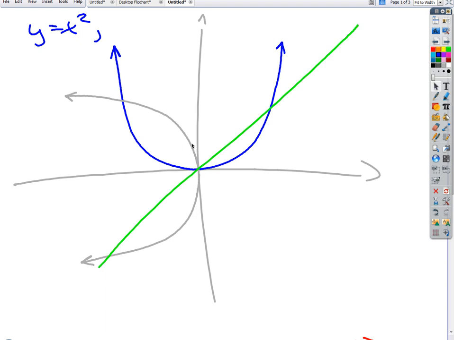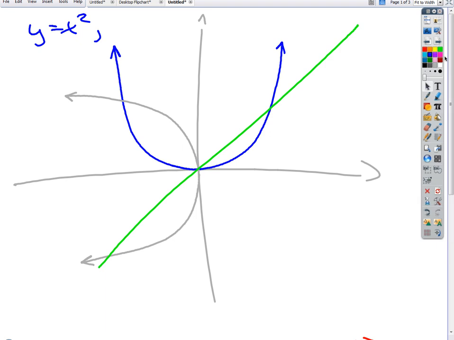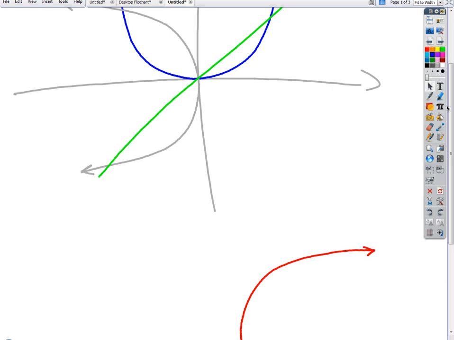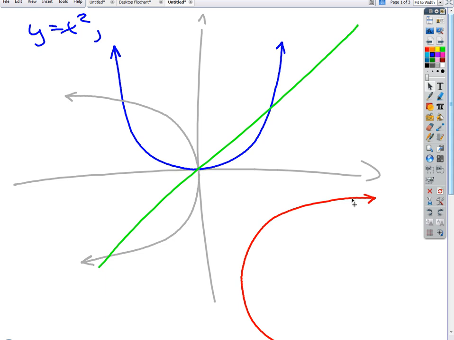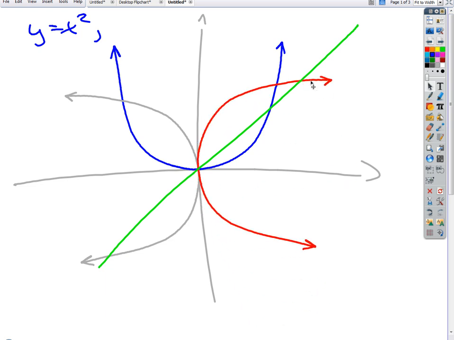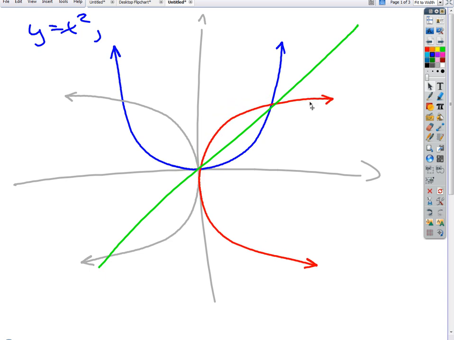Reflect that over the y-axis. Good. Conveniently, I've got that done already. And so if I reflect the gray one over the y-axis, don't I get the red one? Okay, so those are inverses of each other then, the blue and the red.